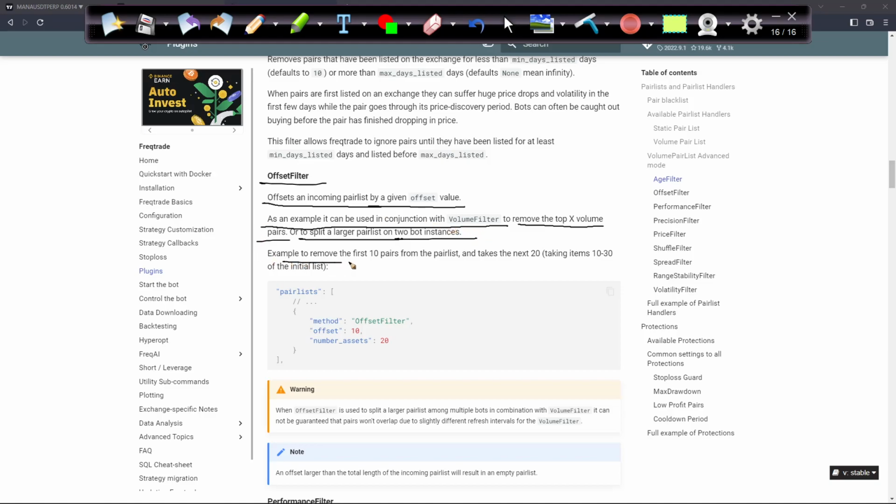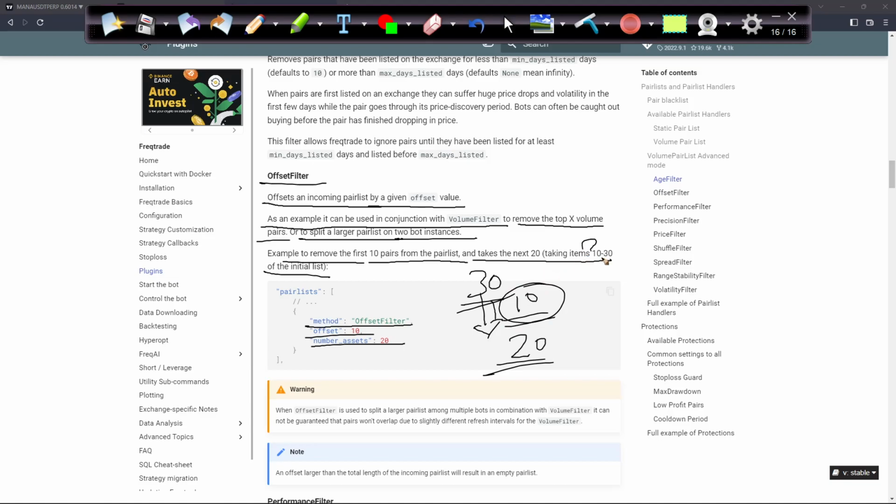So for example, to remove the first 10 pairs from the pair list and take the next 20, taking items 10 to 30 of the initial list, we can do method offset filter, offset to 10 and number of assets 20. So if we have a 30 pair list, we can offset it, like we want the next 20 volume coin pairs and we offset it by 10. So 30 minus 10 would be 20, right? So that's what this offset filter means, and it might be useful.